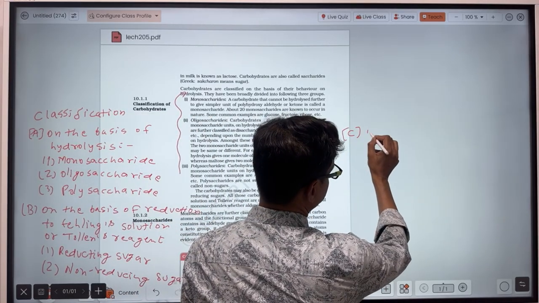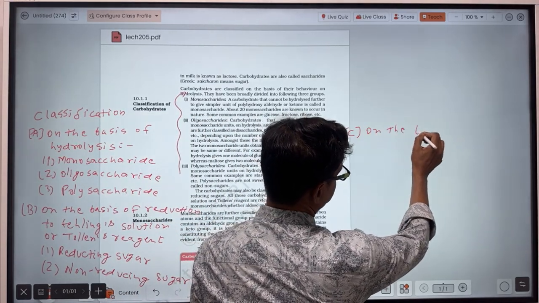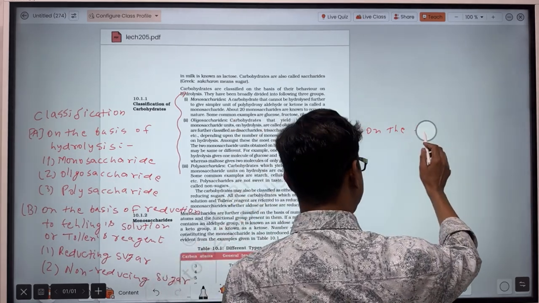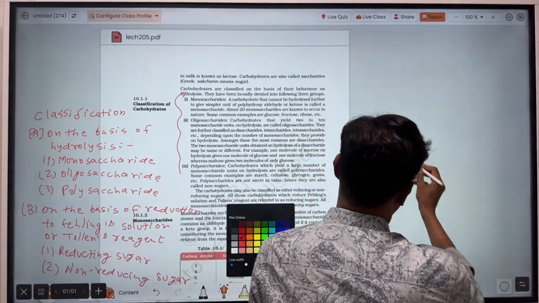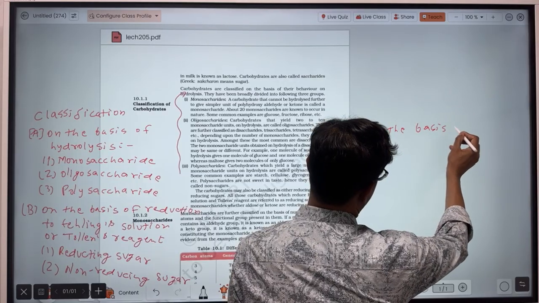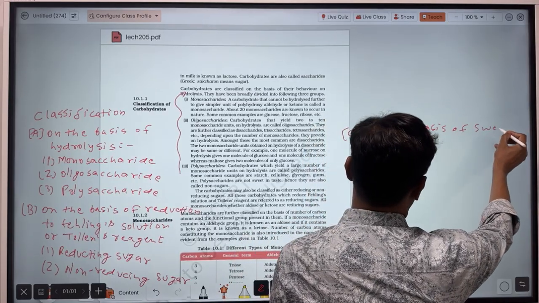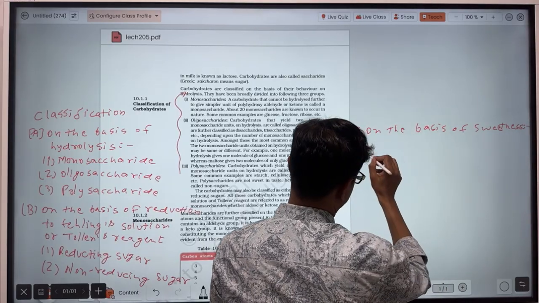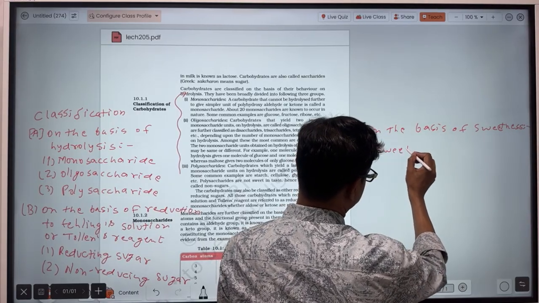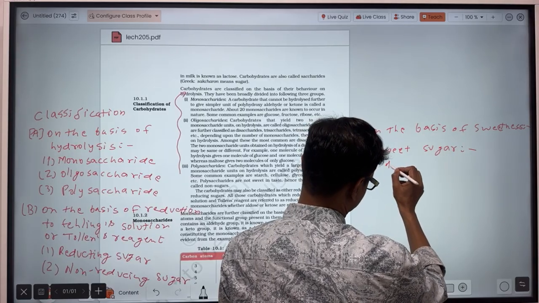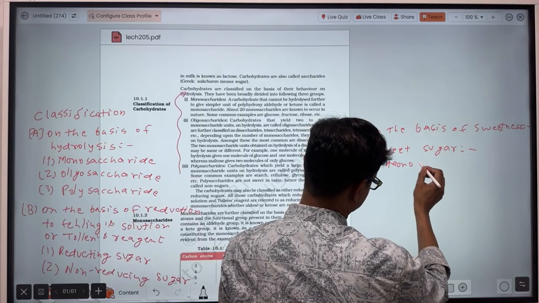The third one is on the basis of taste, on the basis of sweetness. Sweet sugars include monosaccharide.